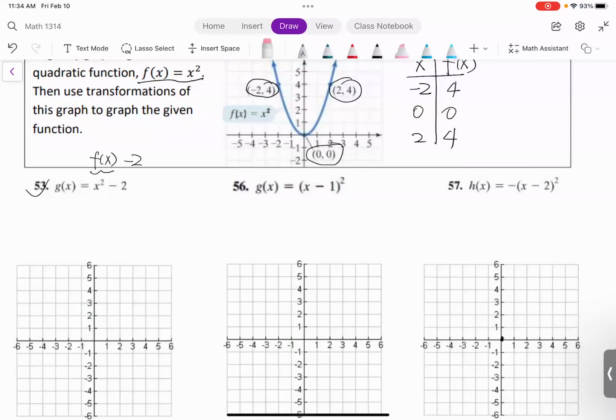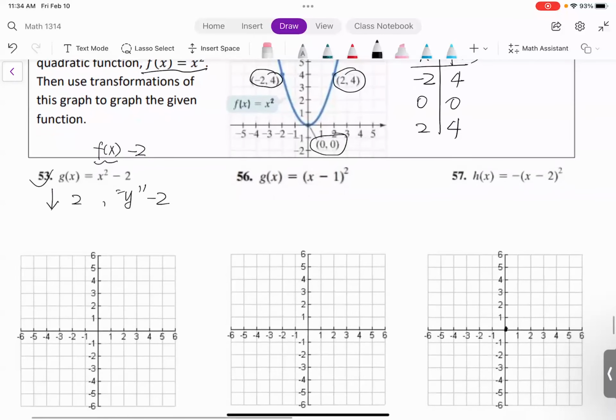So we move all the points down 2 units. We can put some marks. Going down 2 units also means all the y values minus 2. So based on the three key points here, we move them down 2 units.